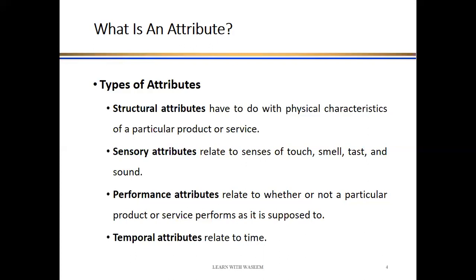The third one is performance attributes. Performance attributes relate to whether or not a particular product or service performs as it is supposed to. For example, does the lawnmower engine start? Does the sound system meet a certain threshold for low distortion?